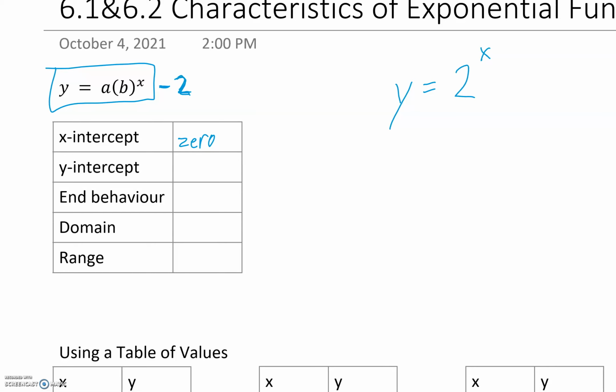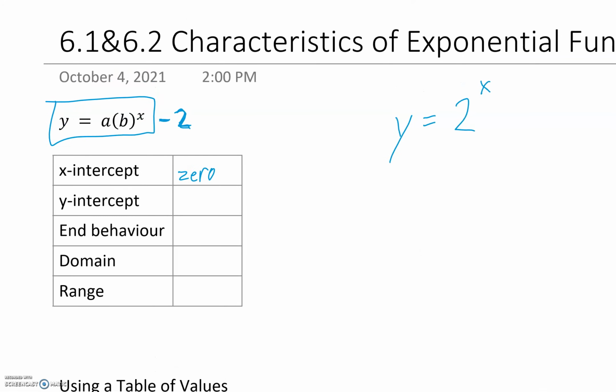So if we do have a transformation, that would be giving us an x-intercept. But generally speaking, we don't have x-intercepts. Okay, so we'll have to look at what that means and what that looks like in a second.